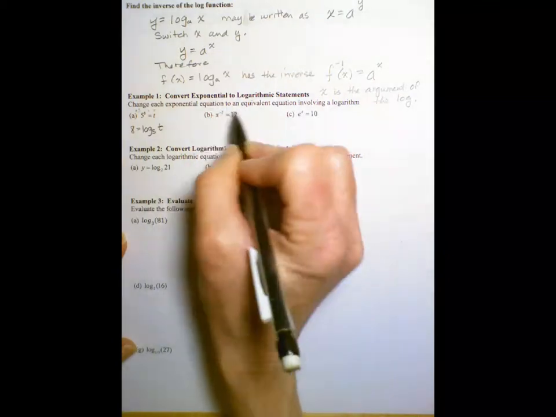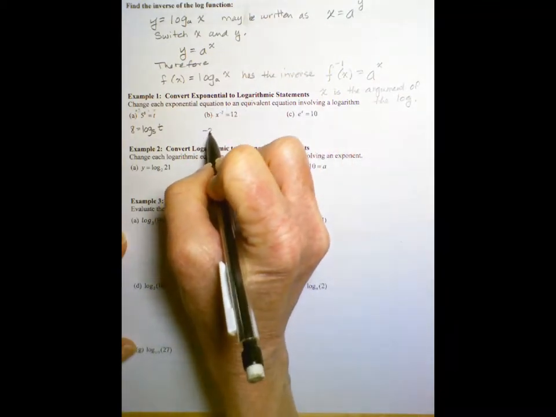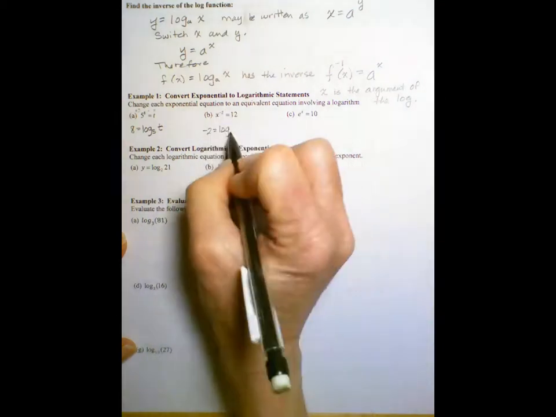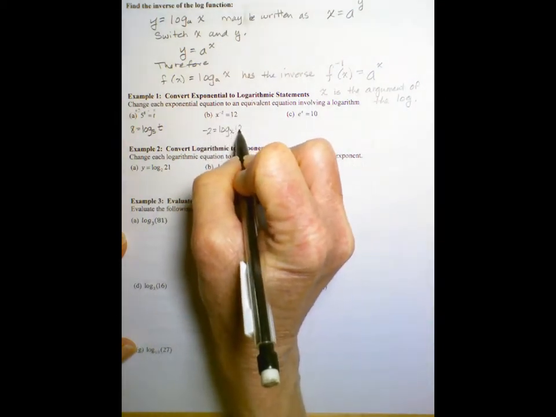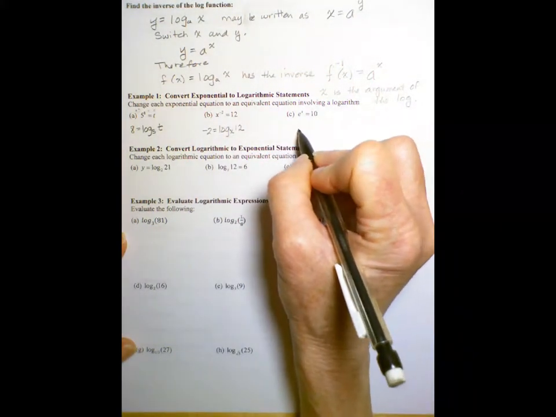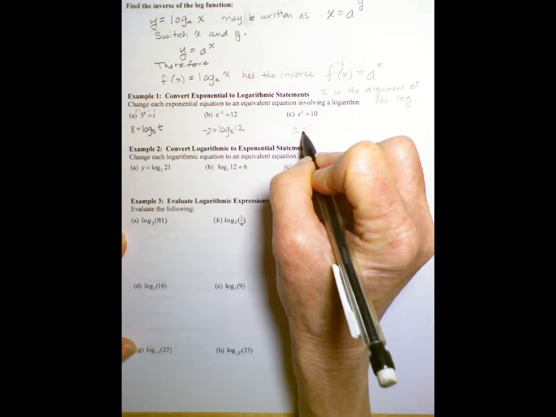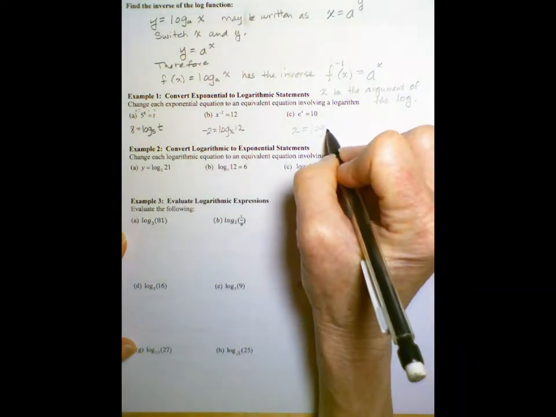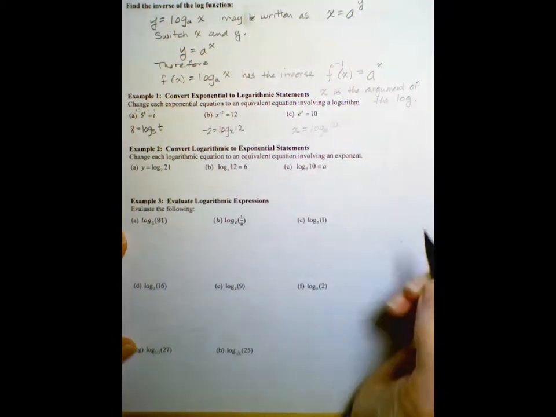Okay, what's the exponent here? -2 equals the log. What's the base in that exponent? It's x of 12. And here, what's the exponent? X equals the log, what's the base? E of 10. Okay?